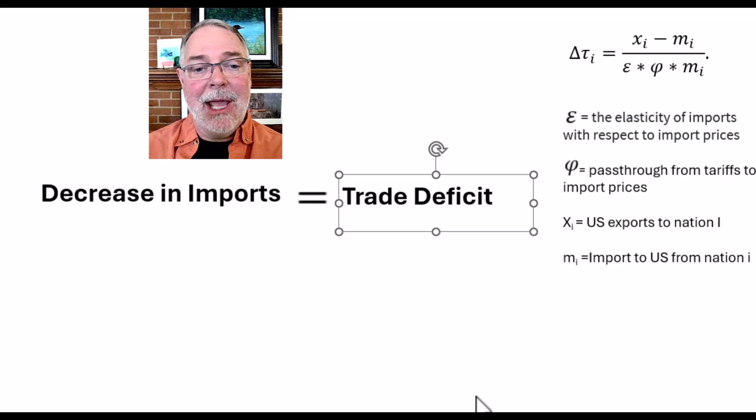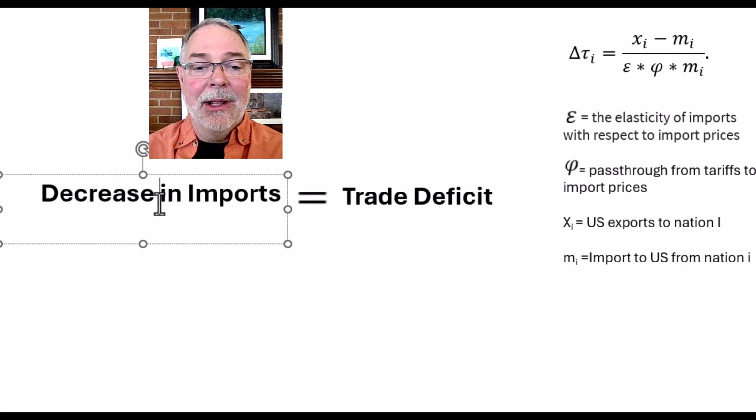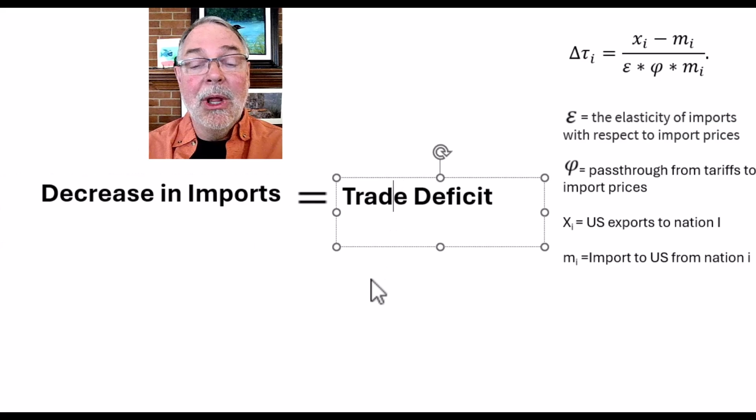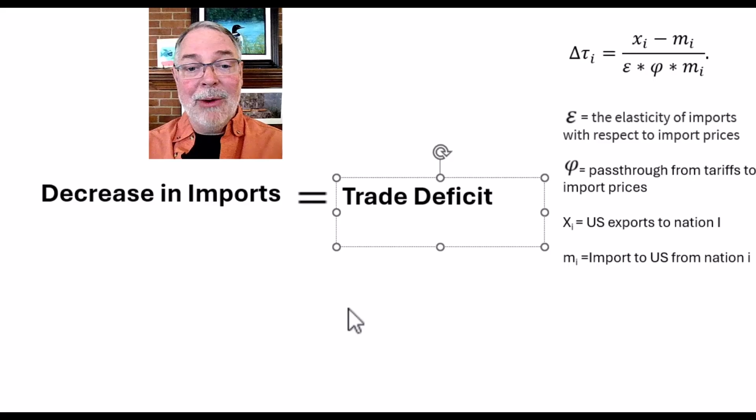So if we raise the tariff rate, we're going to decrease imports. What tariff rate do we need to get a decrease in imports that will equal the trade deficit with that country? Now, why do I think that?